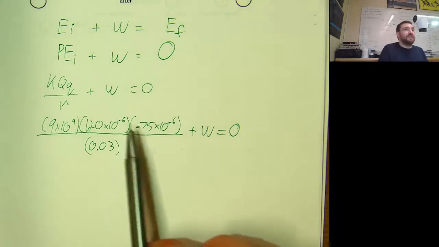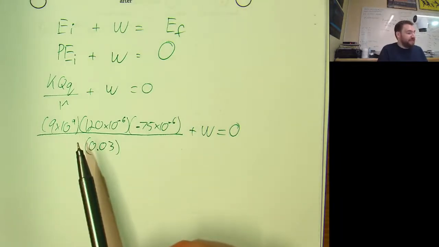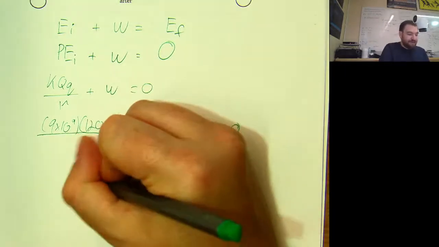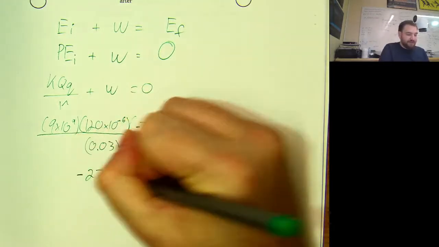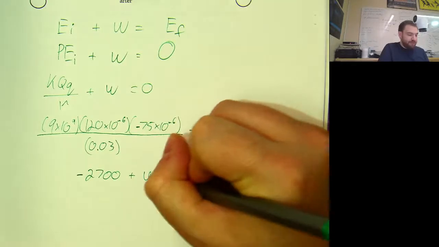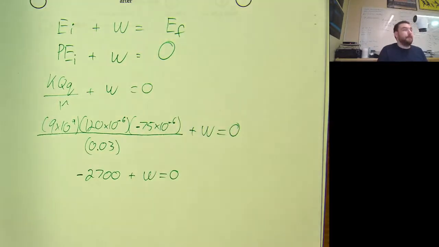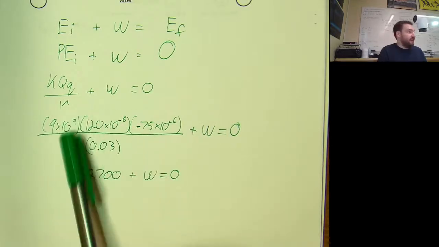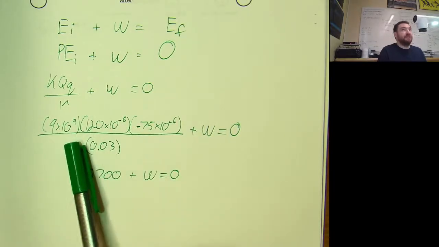If you shove this through your calculator, you're going to get a very nice value. The value you should get is negative 2,700. Negative 2,700 plus W equals 0. Just like when we're dealing with gravity, this ends up being negative on this side. You have negative potential energy to start.